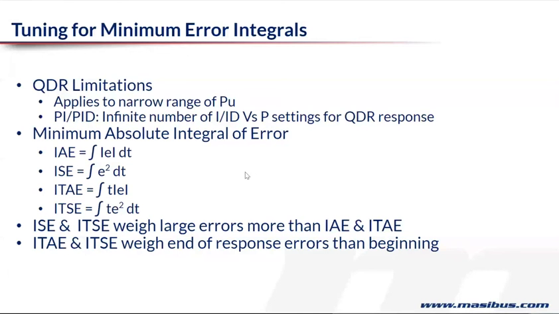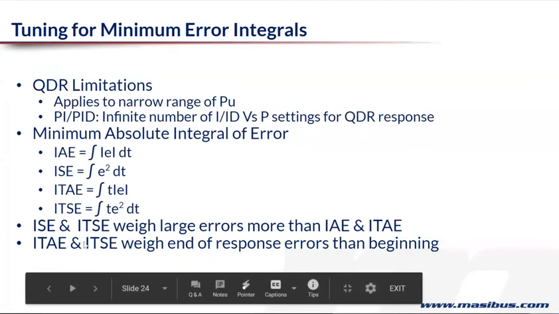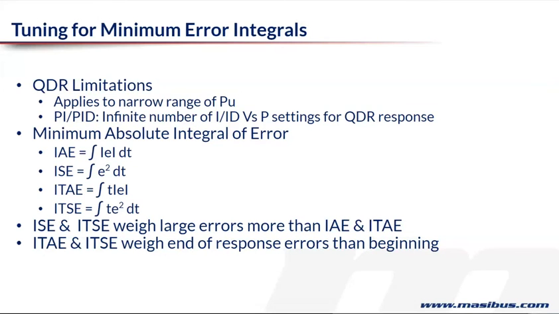When you use the square of the error, the impact is more. And if you want the response at the end of the tuning, then also you use these two methods. All this is only to make you aware that there are these absolute integral methods, besides the quarter decay ratio method, which can be used for different types of response you want from the process when you tune the controller.